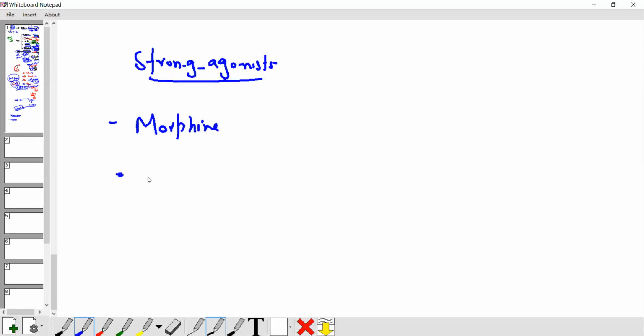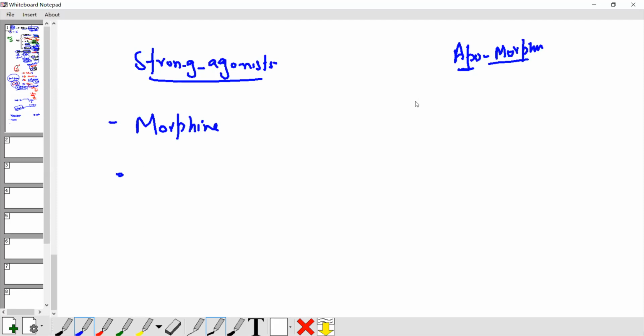Second one, not to be mixed with apomorphine. Apomorphine belongs to Parkinson disease. It's not a morphine. Apomorphine is a dopamine receptor agonist used in Parkinson disease.